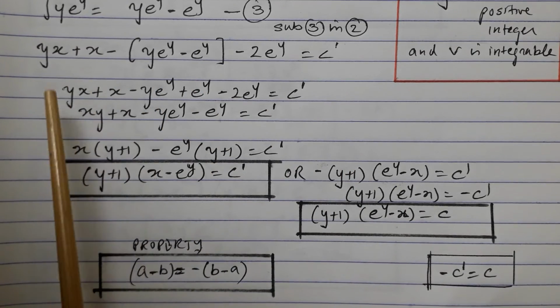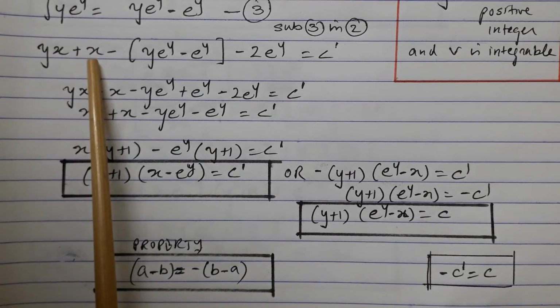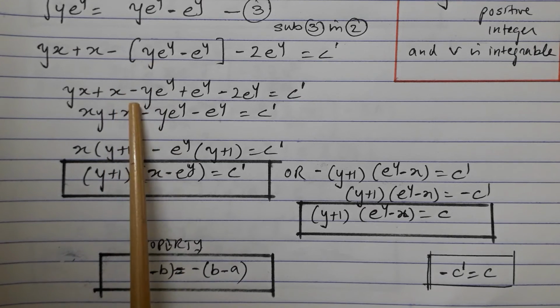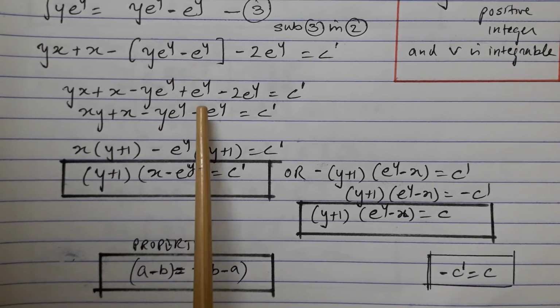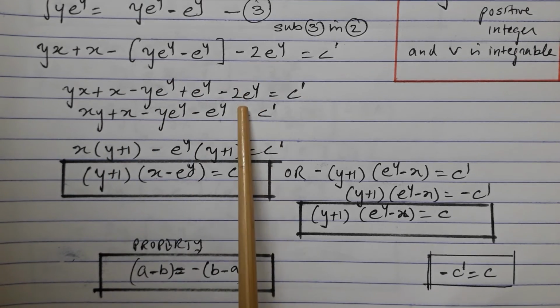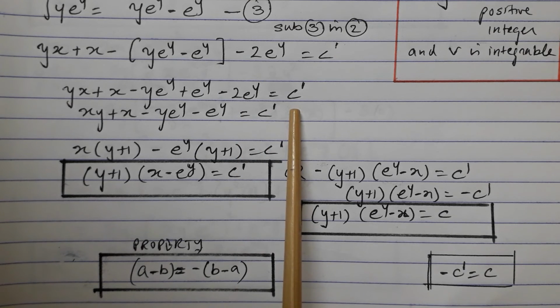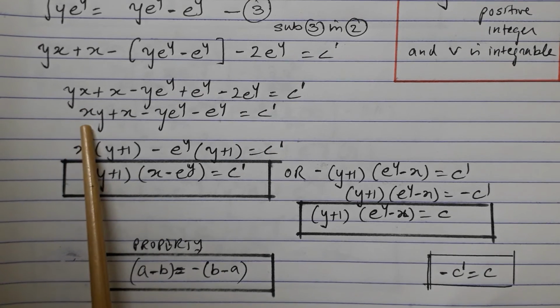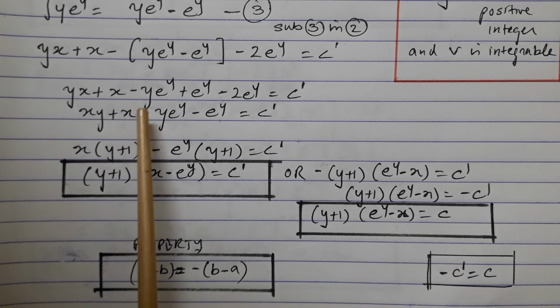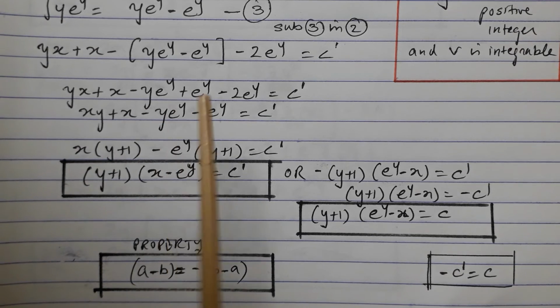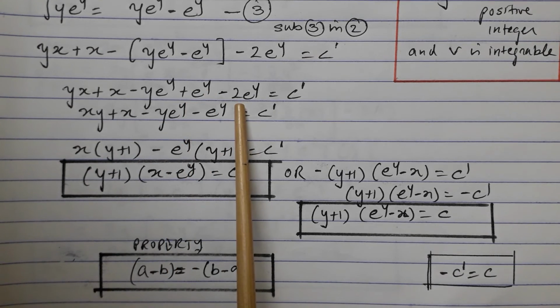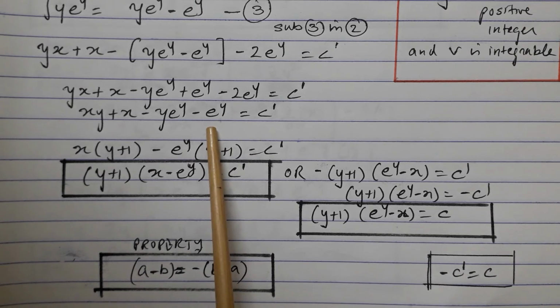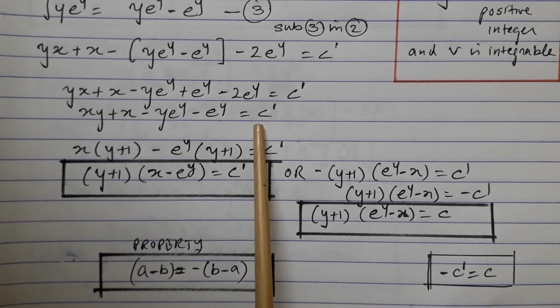So now let us open the bracket. yx plus x minus y e raised to y plus e raised to y minus 2 e raised to y is equal to c dash. So xy plus x minus y e raised to y, and plus e raised to y minus 2 e raised to y gives us minus e raised to y, is equal to c dash.